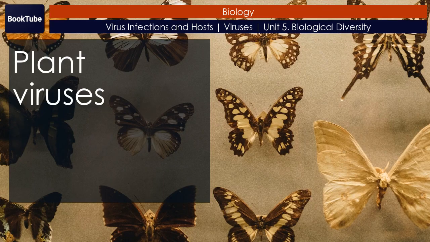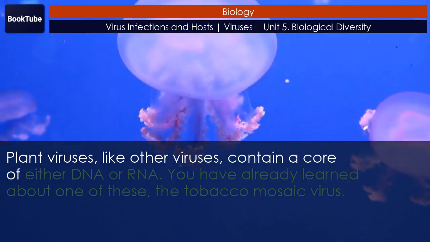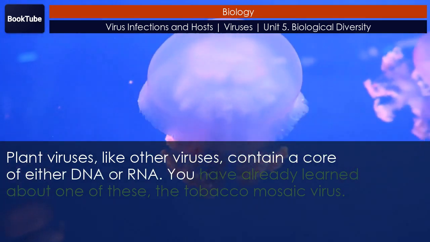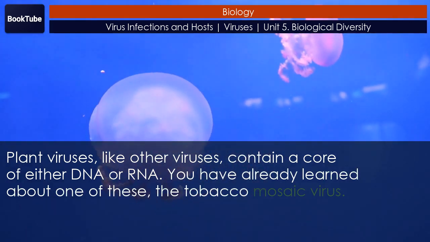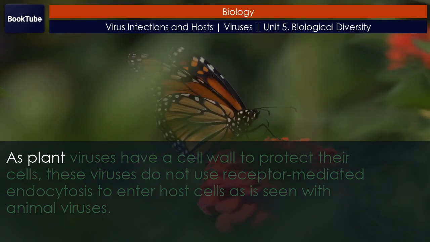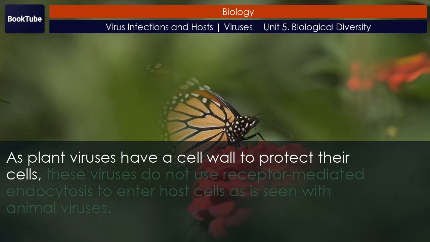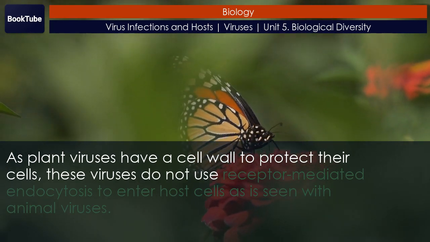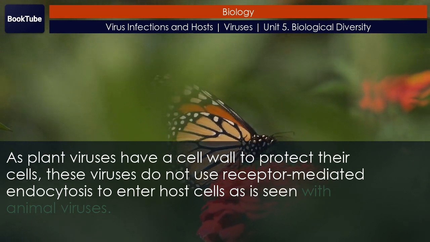Plant viruses. Plant viruses, like other viruses, contain a core of either DNA or RNA. You have already learned about one of these, the tobacco mosaic virus. As plants have a cell wall to protect their cells, these viruses do not use receptor-mediated endocytosis to enter host cells as is seen with animal viruses.